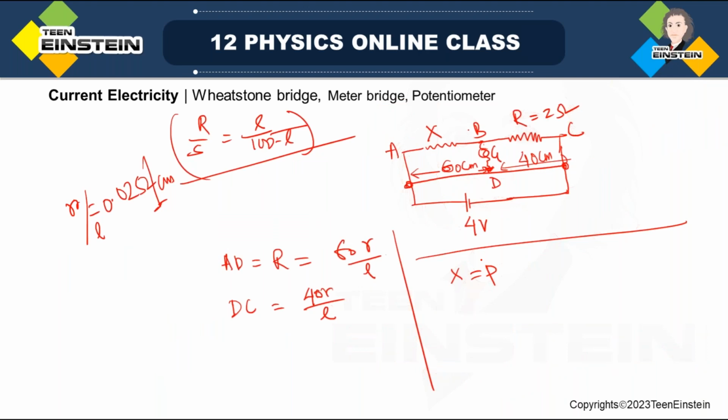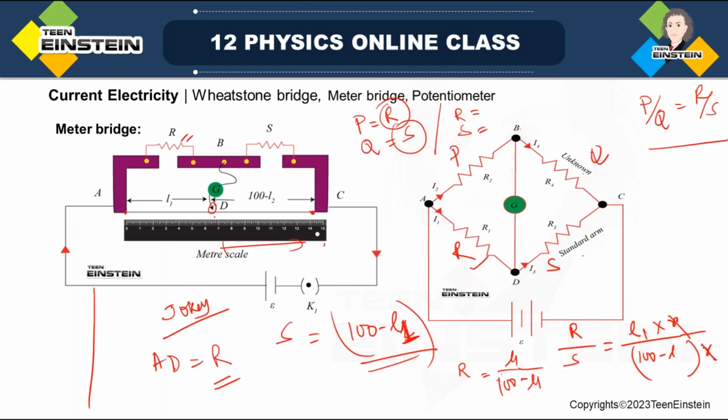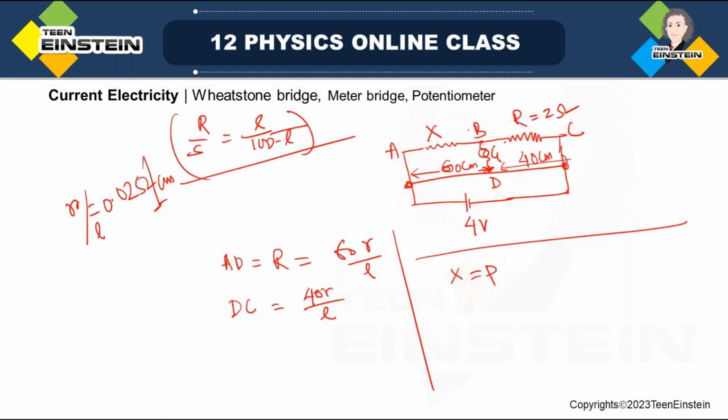Between B and C is Q, which is 2 ohm. And AD is 60 R by L.